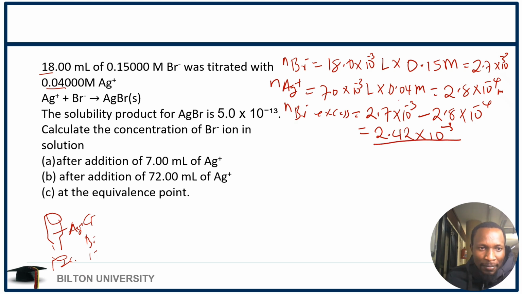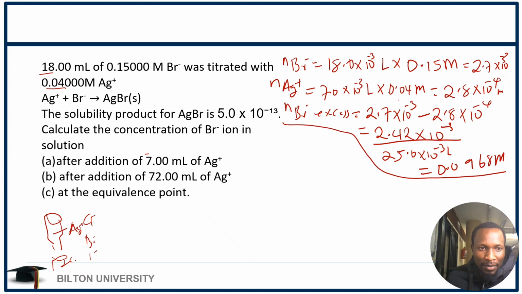Remember, we had 18 and now we have added 7, so it's going to be a total of 25 mL. So we divide this number of moles by the total volume that we have now, 25.0 times 10 to the power minus 3 liters, and that's going to give us a total of 0.0968 molar. So this is the concentration of bromide ion after the addition of 7.0 mL of silver ions. So this is part A.